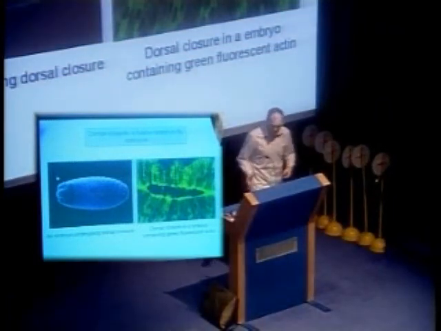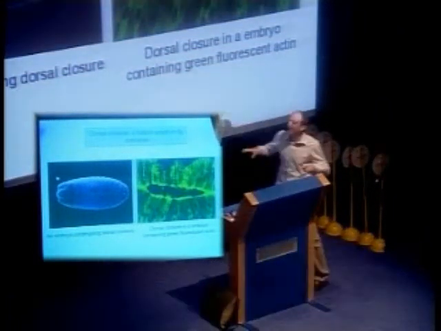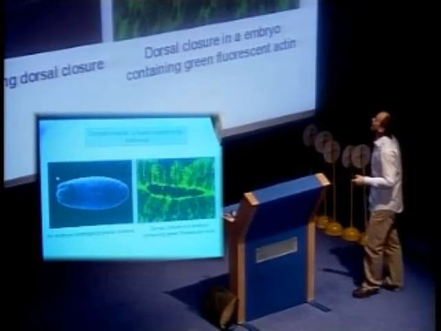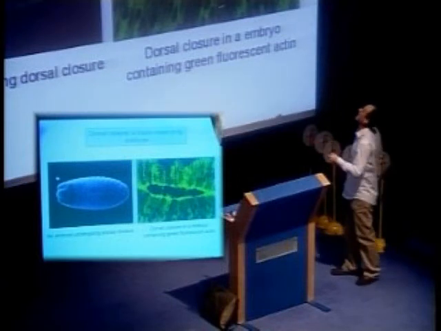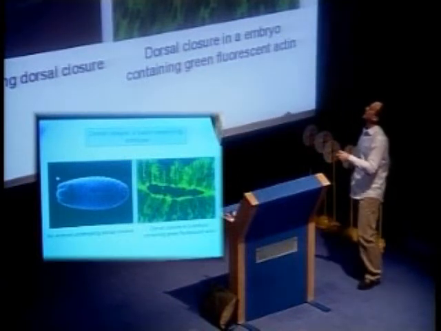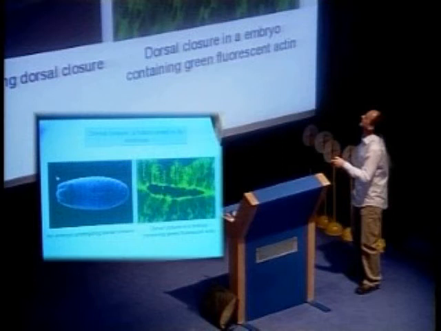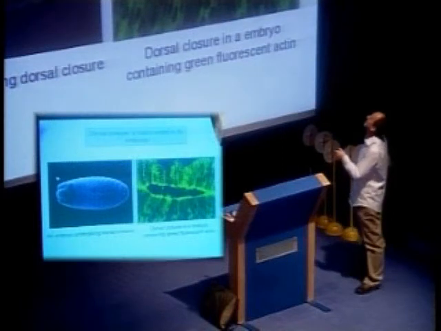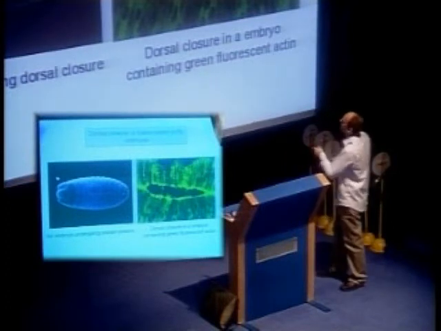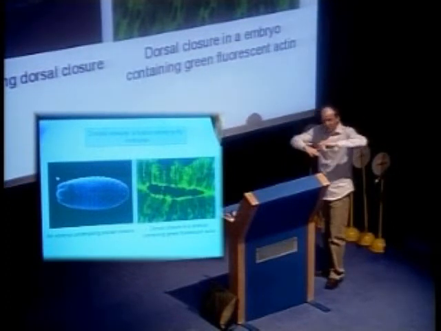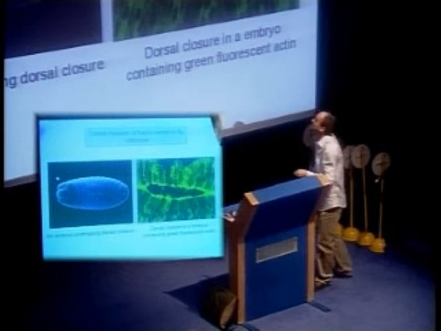We can get a much better idea of what's actually happening by looking at an embryo which has got green fluorescent protein in the epithelium. What we see is that along the two edges of the hole, there's this concentration of green. We call this an actin cable, and the job of this is to keep the two edges nicely organised while the fusion's happening.